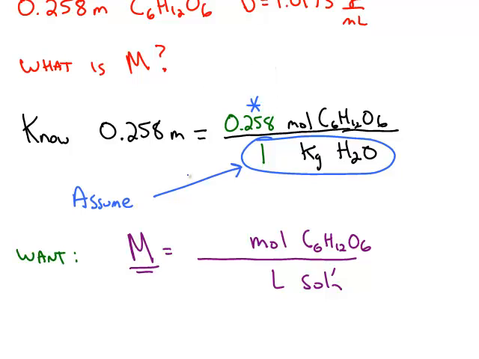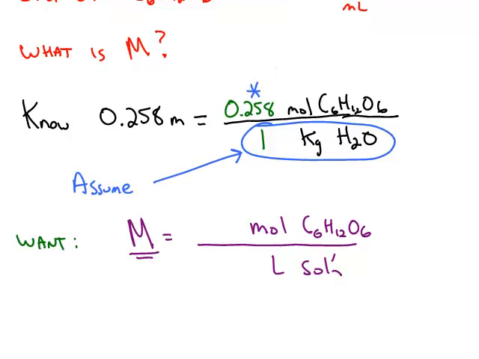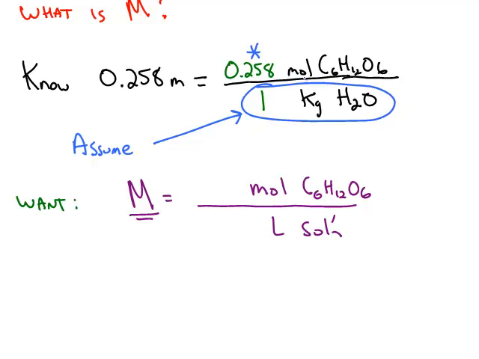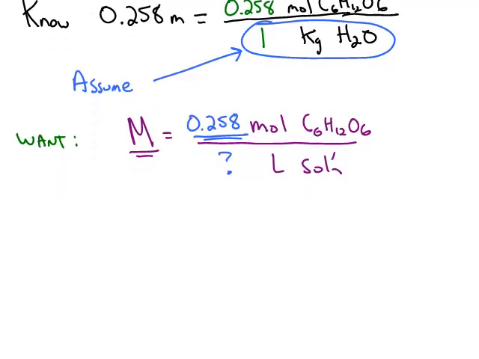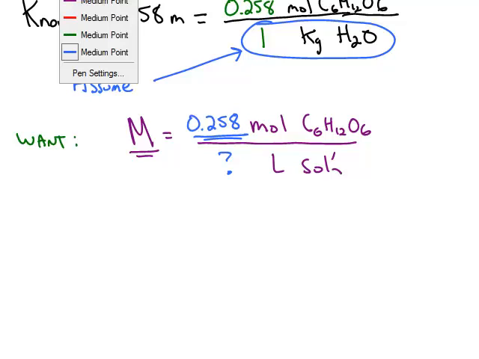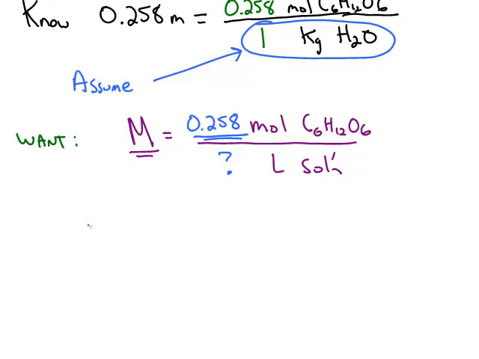That gives us a place to start, which is helpful because moles of glucose is half of the work in this problem. If I make that starting point, I know I already have the numerator, 0.258 moles of glucose. I simplified the problem, and all I need to figure out is the liters of solution. Again, remember that you have this formula, very helpful.